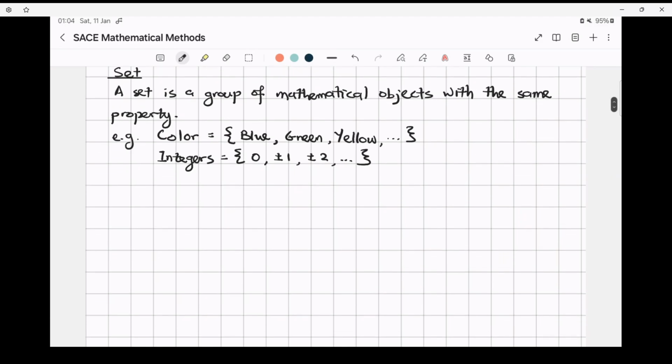So from this example, if you have some element small x of a set capital X, how do you write this?